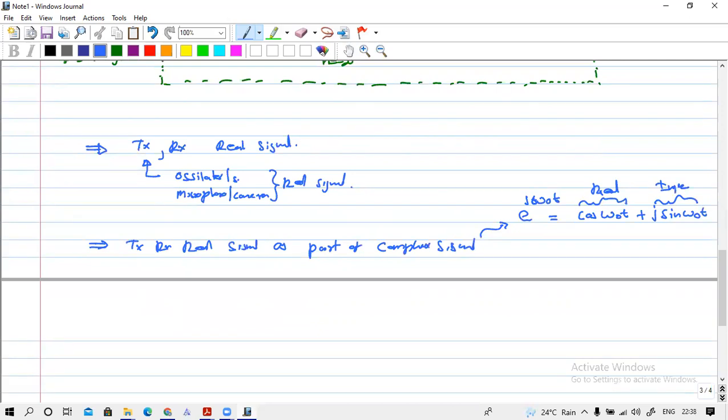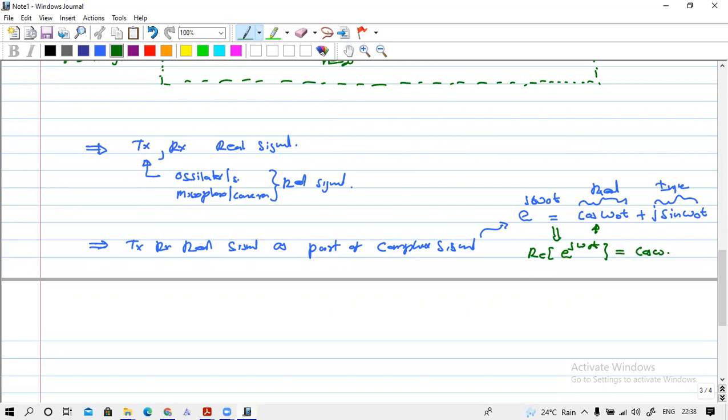So we can represent the real signal as the real part of this complex exponential signal.